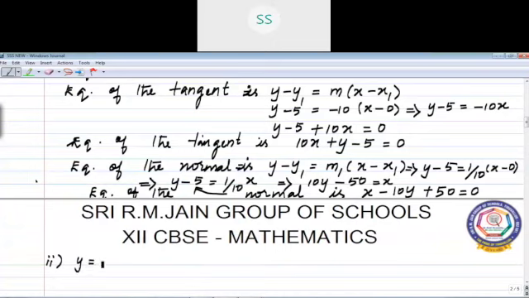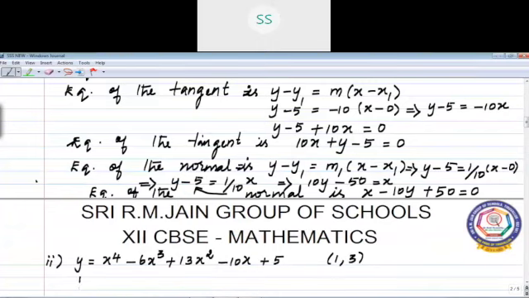Y is equal to x power 4 minus 6x cube plus 13x square minus 10x plus 5. The given point is 1 comma 3.